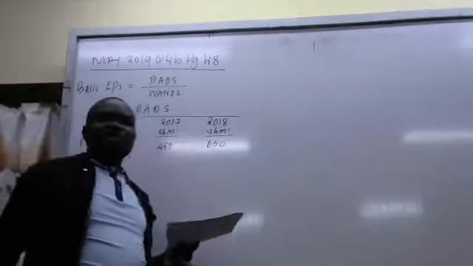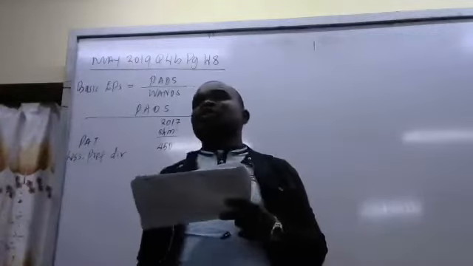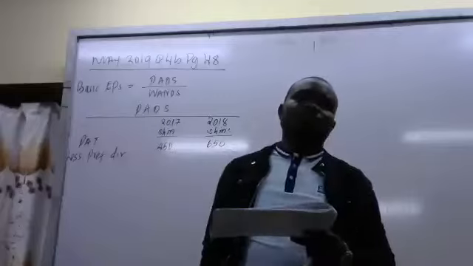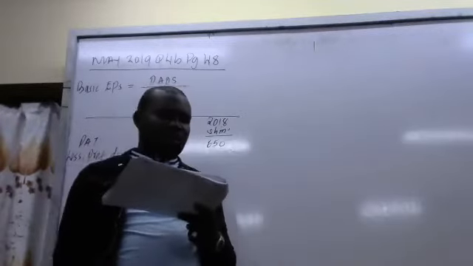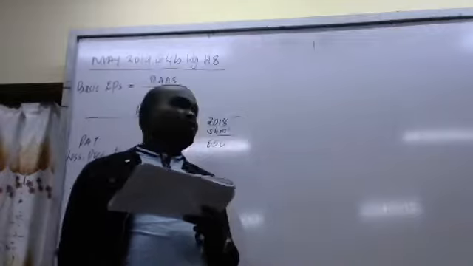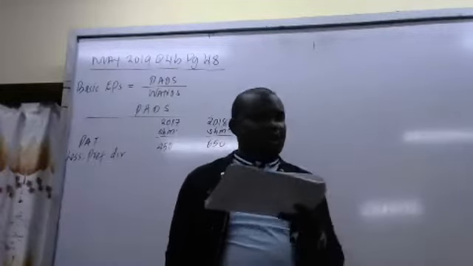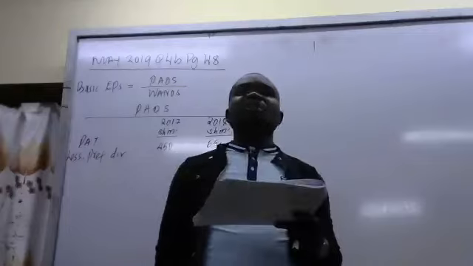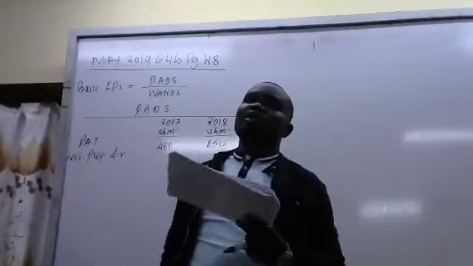There is something I think I never mentioned, but I can still do it. In the capital structure, check your capital structure. How many preference shares do we have? If you check, you will see we have 2: the 8% redeemable preference and the 10% convertible preference.